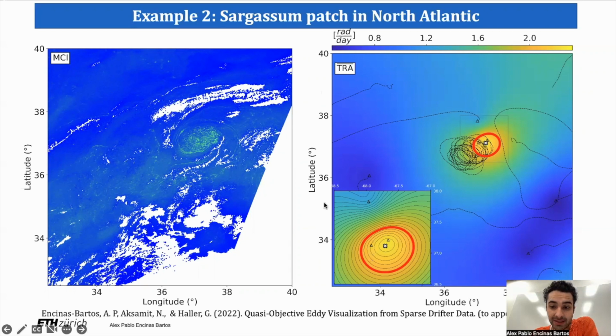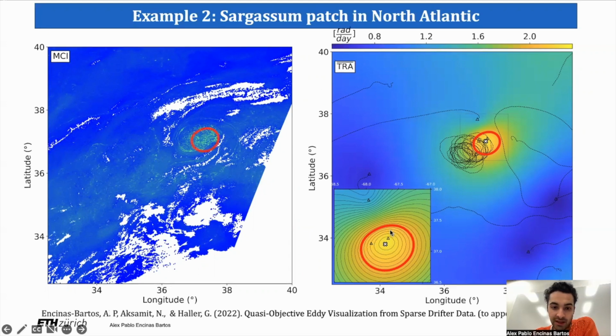However, 2 drifters, which are simply these triangles, were found to be inside an eddy. And by running the algorithm, we can then get this red curve, and we can superimpose this red curve on the Sargassum distribution and see that indeed there is a pretty good match between the eddy derived from the drifter data using the TRA and the eddy inferred from the Sargassum patch.